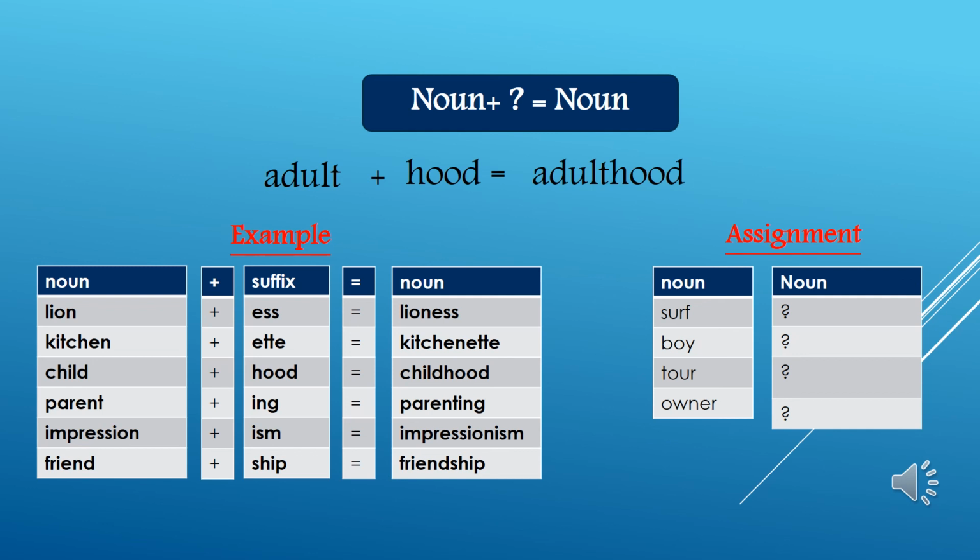Yes, you just remove ion, then impress is left. So impress is a verb, impression is a noun, then impressionism is also a noun. So suffix plus suffix plus suffix. So word after word, you can just play with these words. It's interesting. Friend plus ship, friendship.